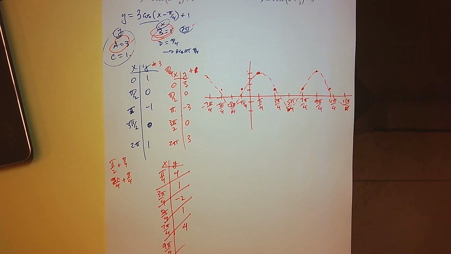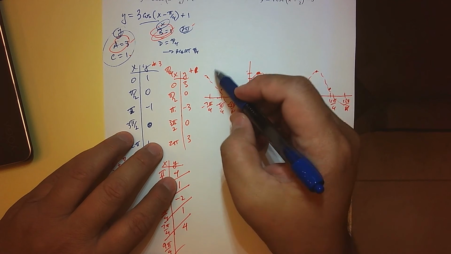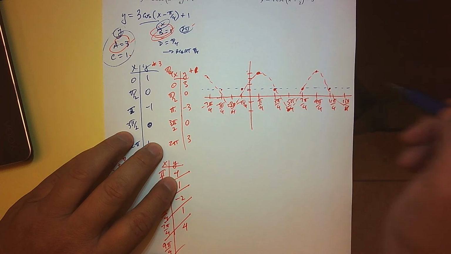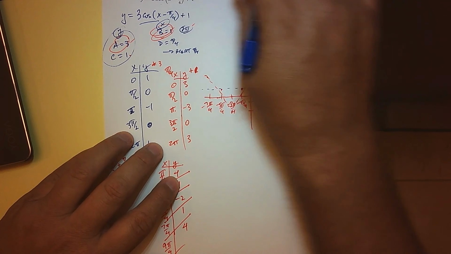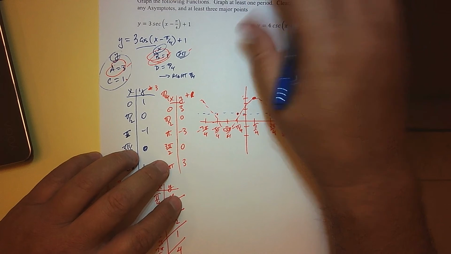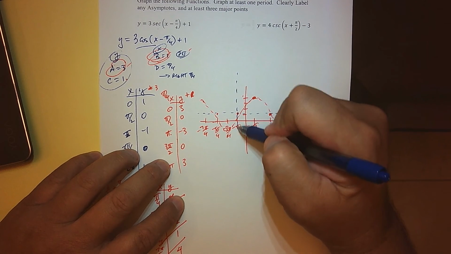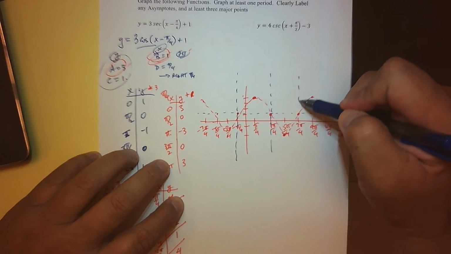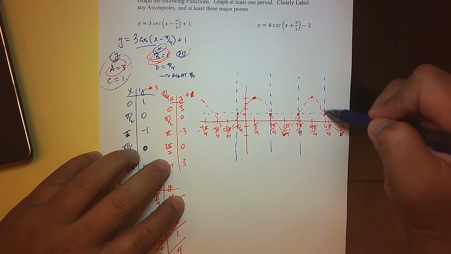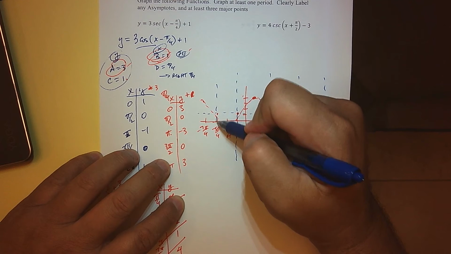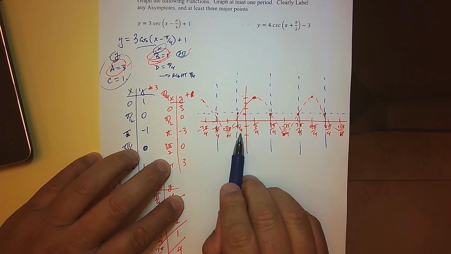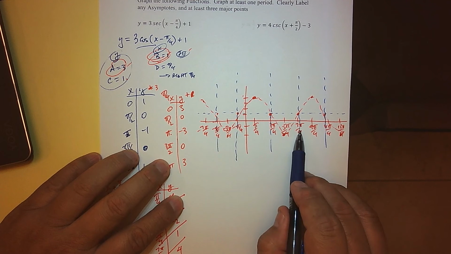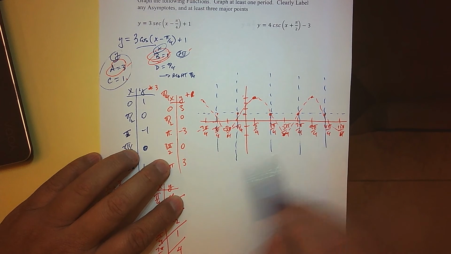And then the idea, remember, our equilibrium is occurring right here at y equals 1. So wherever we're crossing the equilibrium, the secant graph that we're now going to sketch has a vertical asymptote. Okay, so we have vertical asymptotes, it looks like, at negative 5 pi over 4, negative pi over 4, 3 pi over 4, and 7 pi over 4, and I guess that's 11 pi over 4.